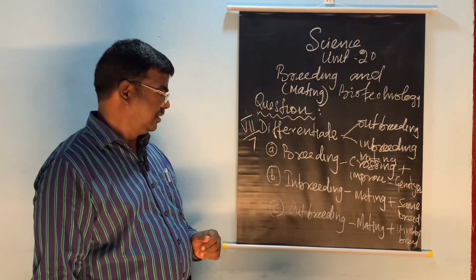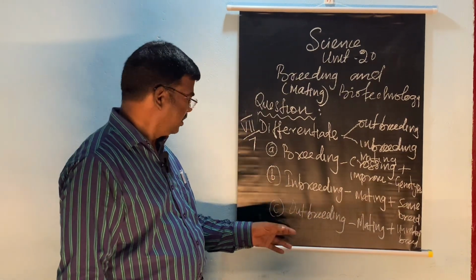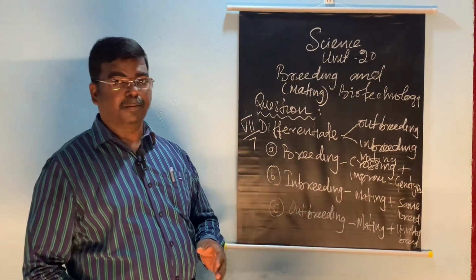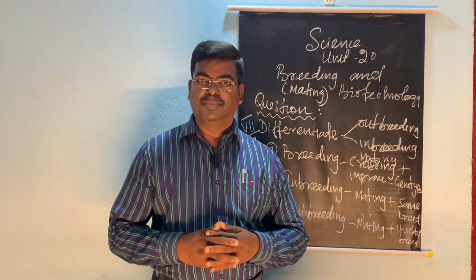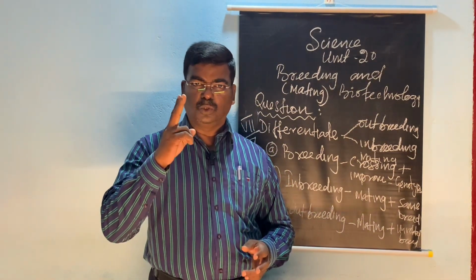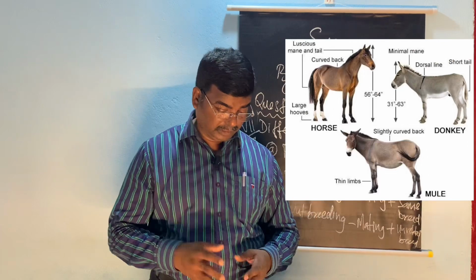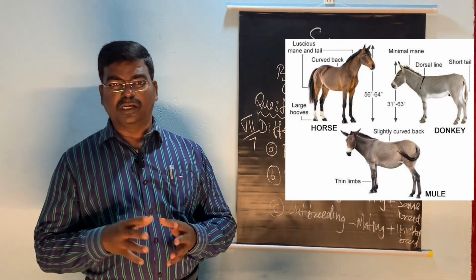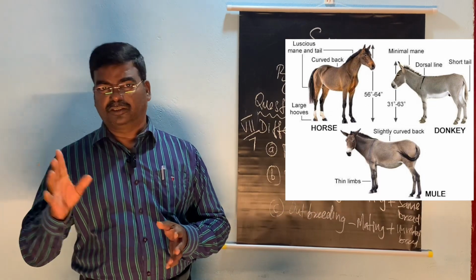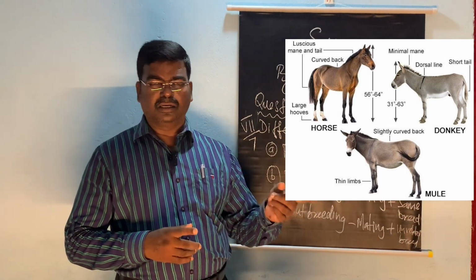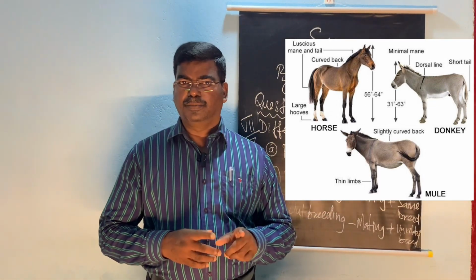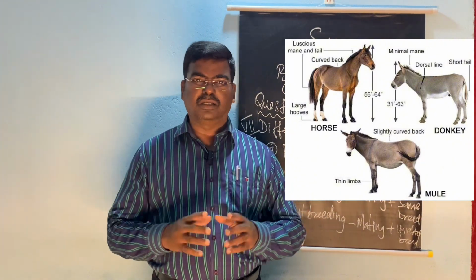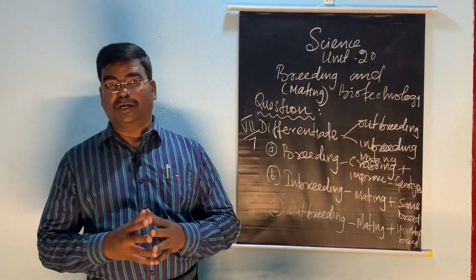For this, how they are making this outbreeding? For outbreeding, they are selecting two animals. One is male donkey and another one is female horse. They take the male donkey and the female horse and they are matching these two.